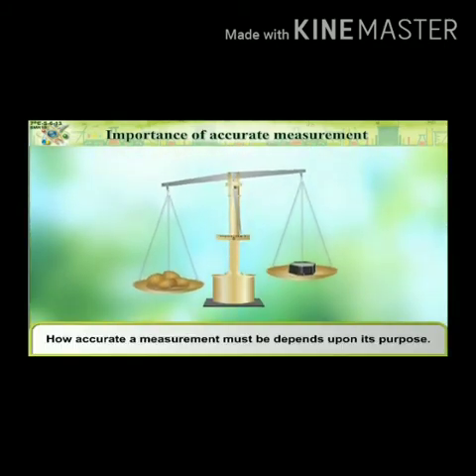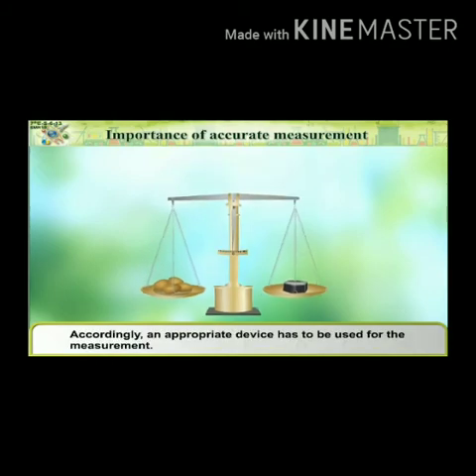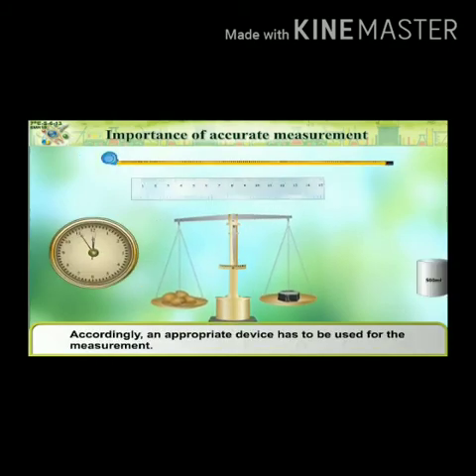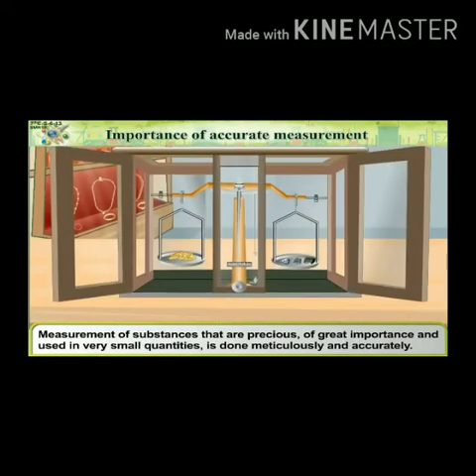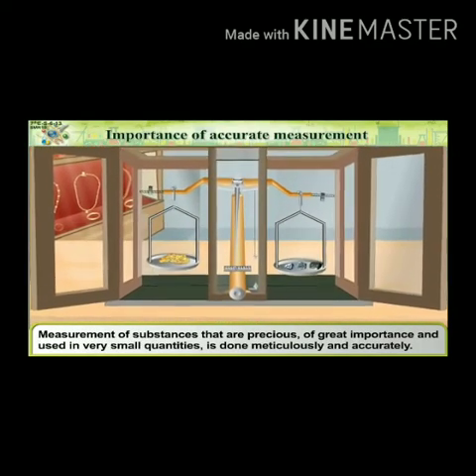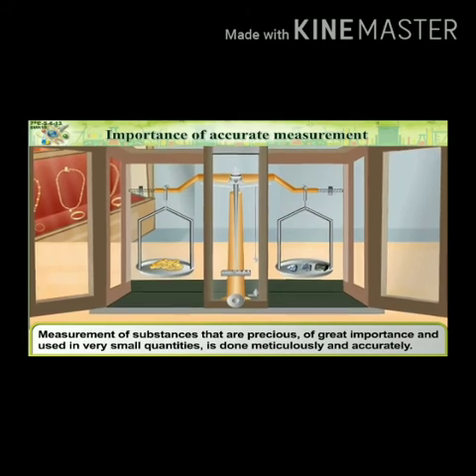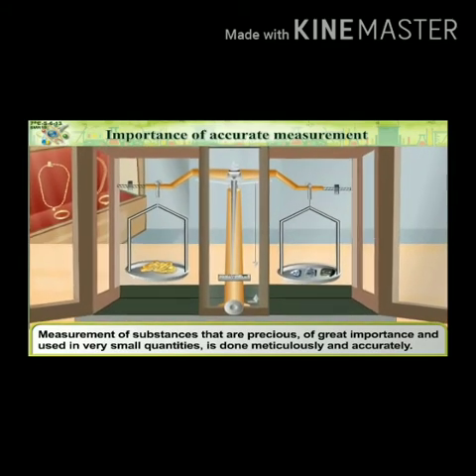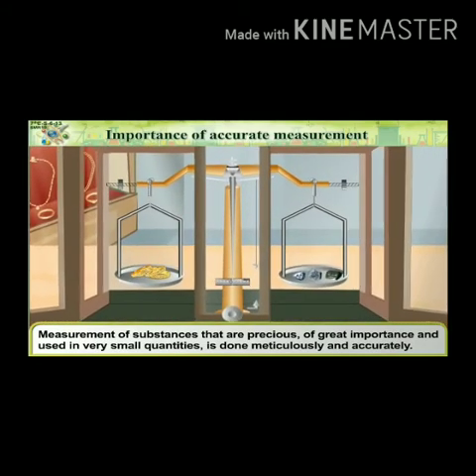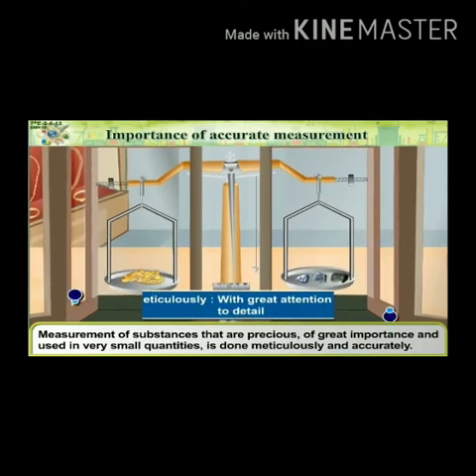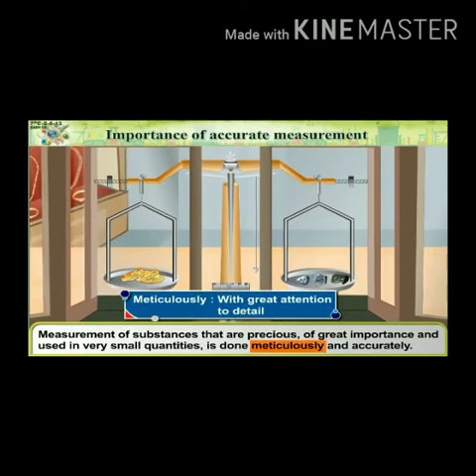How accurate a measurement must be depends upon its purpose. Accordingly, an appropriate device has to be used for the measurement. Measurement of substances that are precious, of great importance and used in very small quantities is done meticulously and accurately. Now, what is meticulously? With great attention to detail.